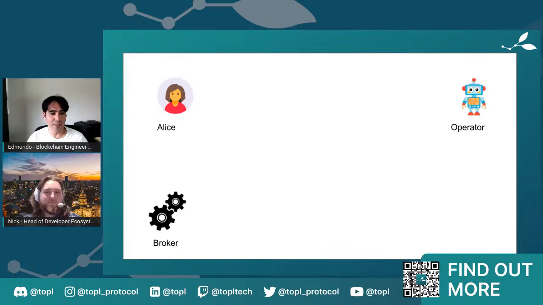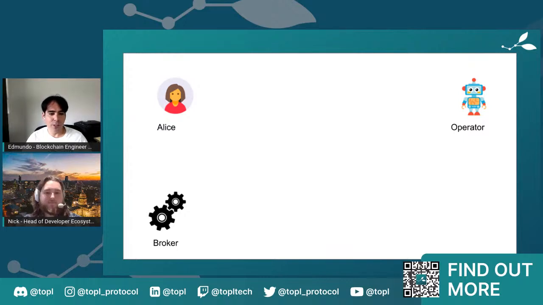The operator, as we said earlier, is the machine representing a system that will do some stuff. It's just software, and the software will be acting as the operator.